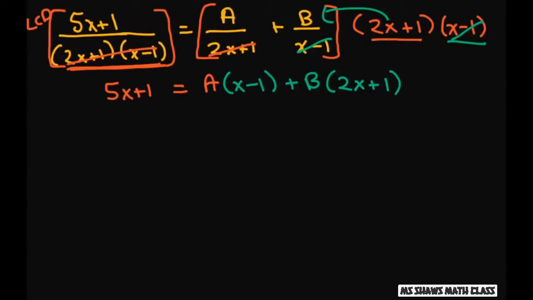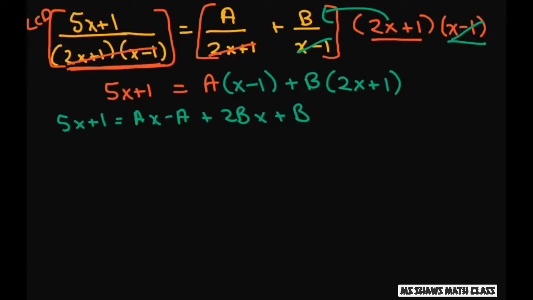Now, simplifying that, you're going to get 5x plus 1 equals ax minus a plus 2bx plus b. Now what I want to do is group my x's together and my constants together.